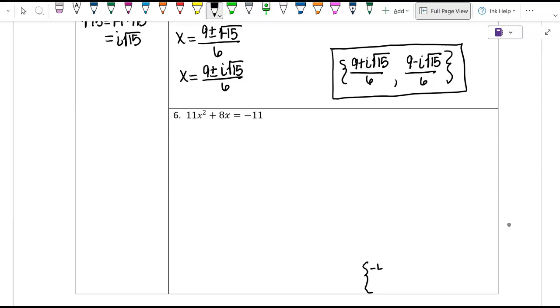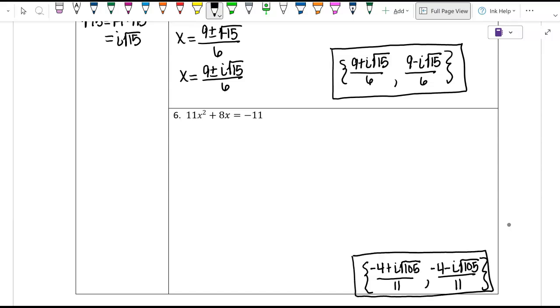Yeah, so we get negative 4 plus I radical 105 over 11 and negative 4 minus I radical 105 over 11. That's where we should have ended.